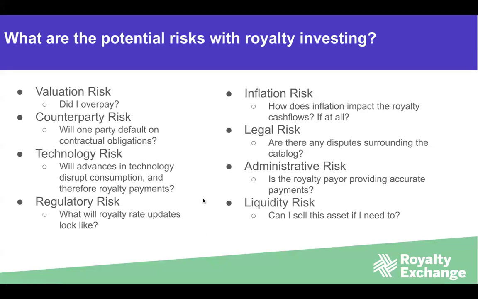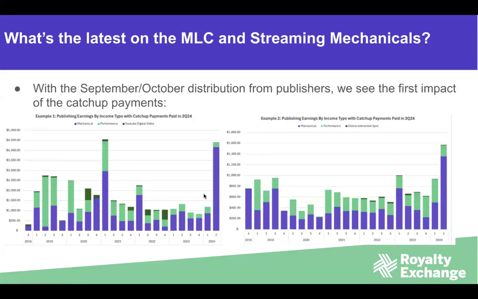Okay, so now over to the MLC. So, beginning of this year, the Mechanical Licensing Collective announced that they've started receiving streaming mechanical royalty catch-up payments from DSPs, digital service providers, companies like Spotify, Apple Music, Amazon, etc. This is kind of what those payments have started to look like.